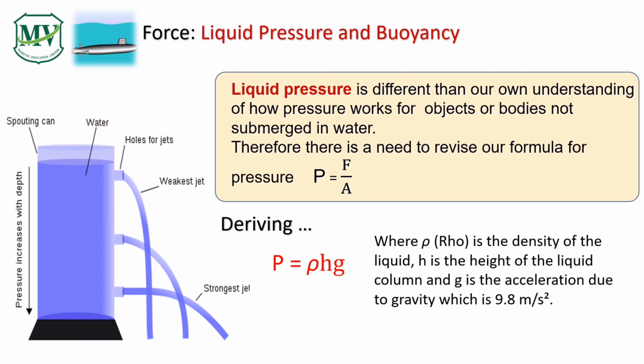For that same reason, dams are made with thicker walls at the bottom to compensate for the increase in pressure. Ordinary pressure is different from liquid pressure in terms of formula. Deriving our formula for liquid pressure, we come up with the equation: pressure is equal to the density of the liquid multiplied by the height of the liquid column multiplied by the acceleration due to gravity.